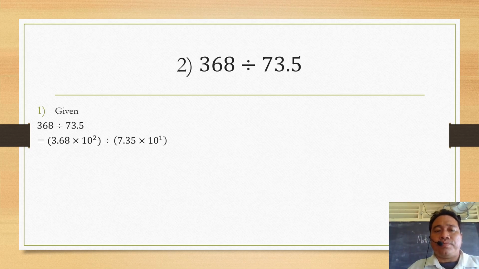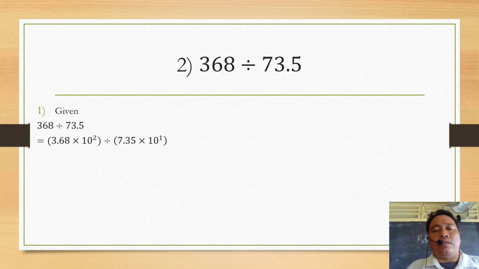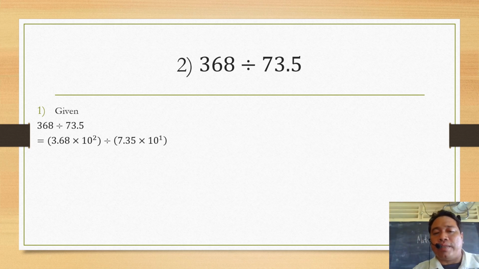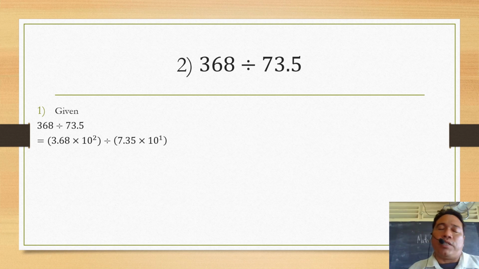Alright, so let's look at division. 368 divided by 73.5. The method 1: given 368 divided by 73.5 equals, open bracket, 3.68 times 10 to the second divided by 7.35 times 10 to the first.